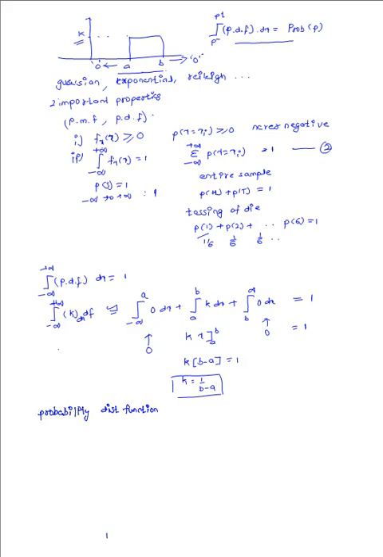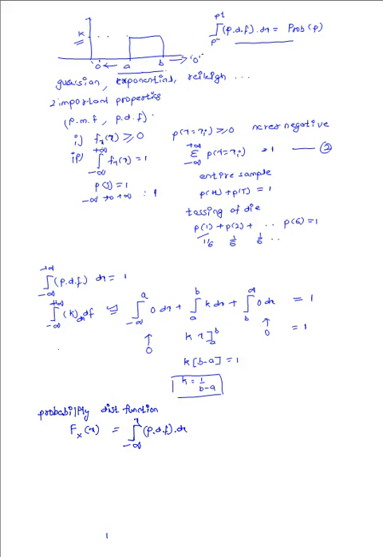The notational symbol of the probability distribution function for the continuous random variable is simply given as F_X(x), and the mathematical formula to calculate it is the integral from minus infinity to x of the probability density function times dx.